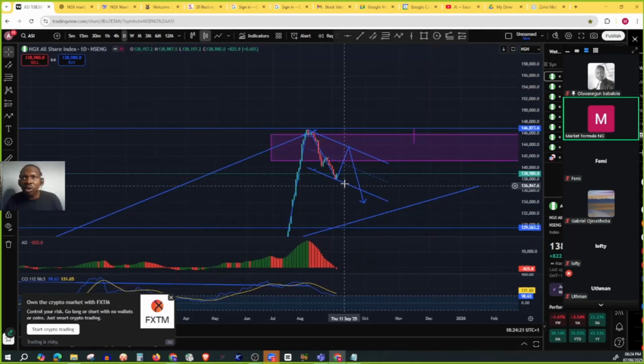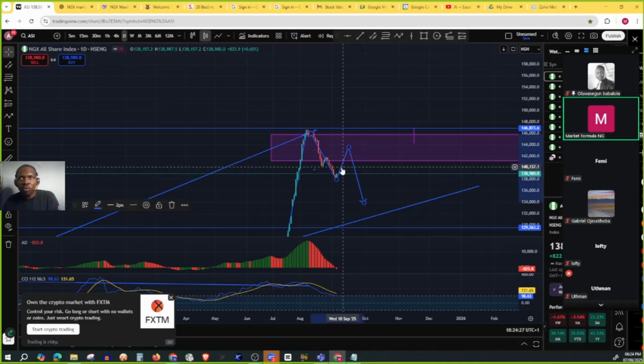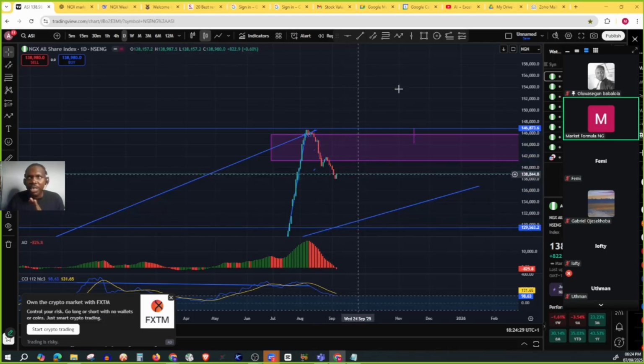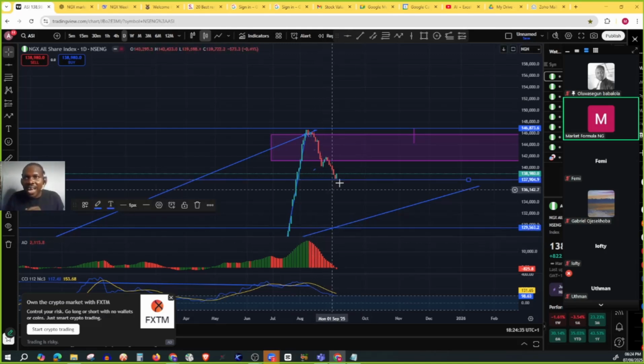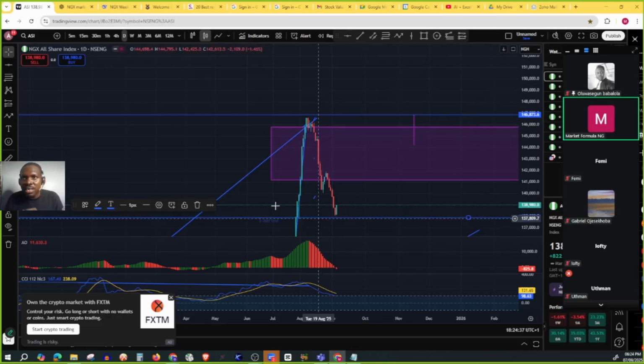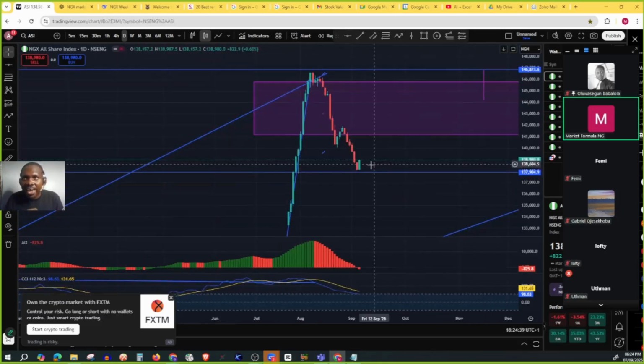We have a bullish engulfing at this zone, bullish engulfing on Thursday. So for a bullish engulfing to happen, it means that the demand at this low is higher than the supply on the previous day high here.